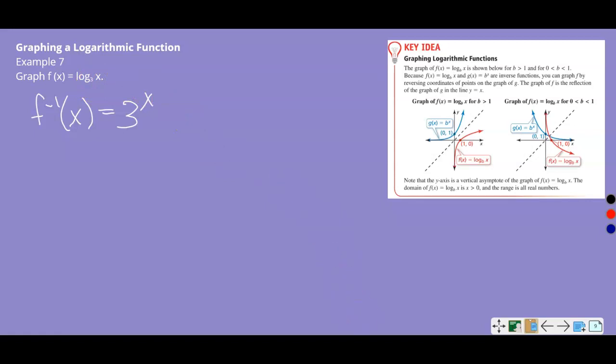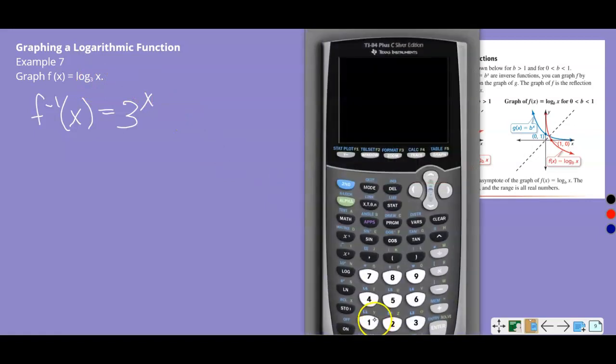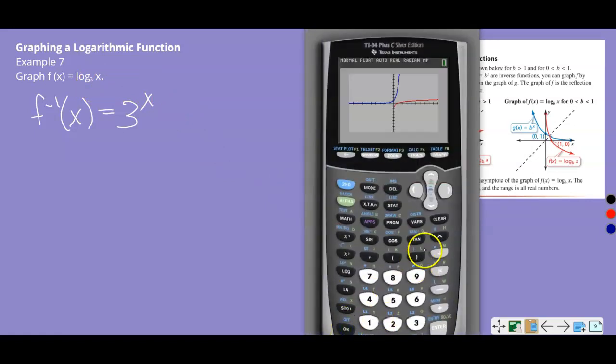I'm going to allow you to just look at these here. There are very few cases where you're going to need to do this without your calculator. So let's graph both just to look at it.